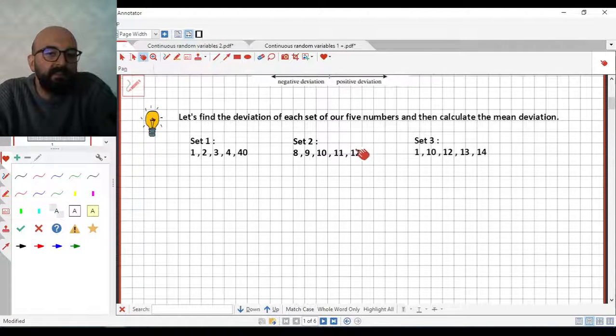Let's find the deviation of each set of our 5 numbers and then calculate the mean deviation.